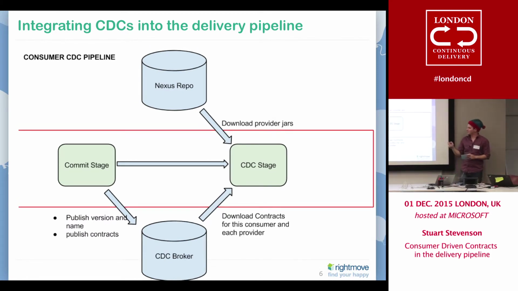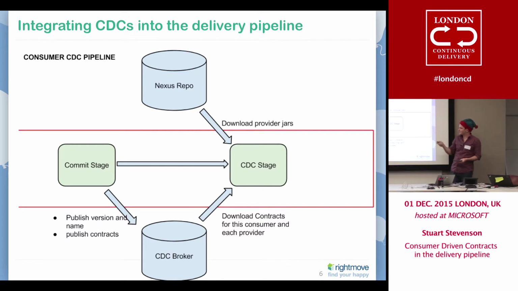Cool. So we started off by doing the provider, because for us, if you're a service that's providing a service, you want to verify all the different consuming contracts against you. So there's only one thing to spin up. In the second stage, when you're a consuming service, if you're consuming lots of different providers, you want to spin each one of those up and test against them.